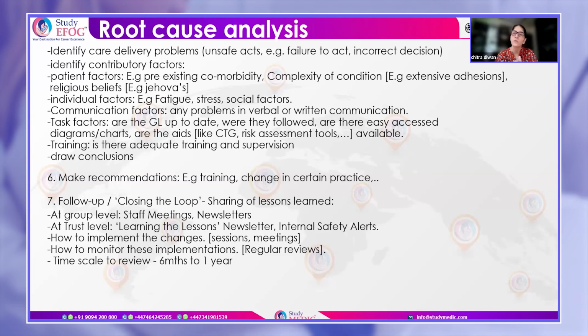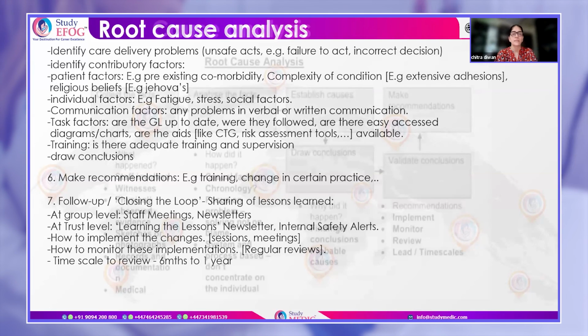So you can have regular reviews of all the practices being followed, whether the recommendations you have made are being implemented or not. And then after 6 months to 1 year, you can have a review to see whether the practices have changed or not. So this is how basically you are going to do a root cause analysis.